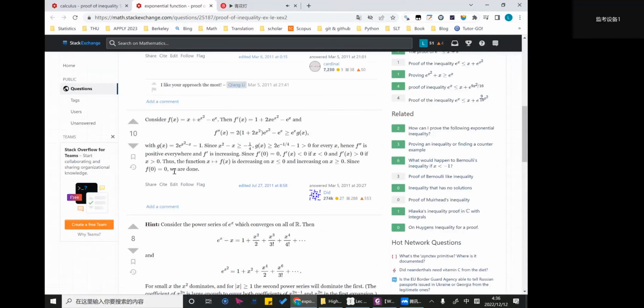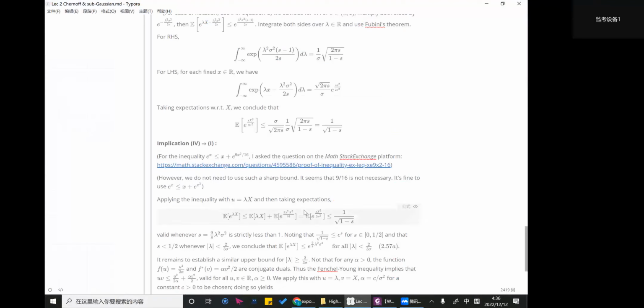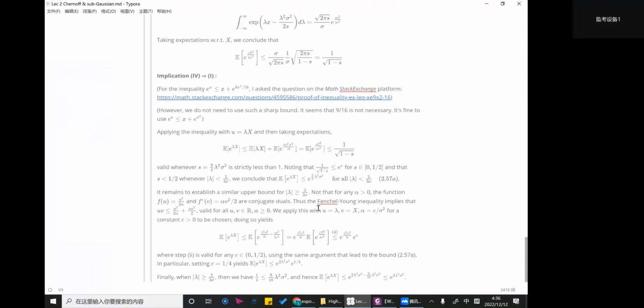So this also works. So you can use this bound and also apply this inequality and expectations. But here the range is somewhat different, but it will not have an impact on the final results.